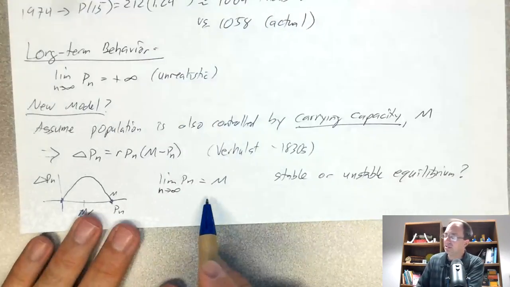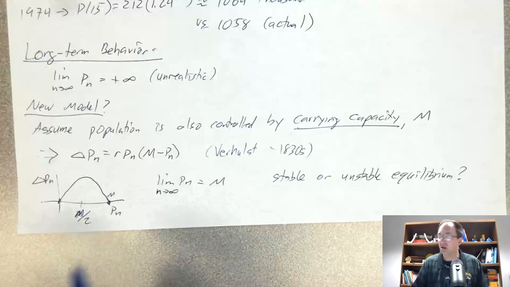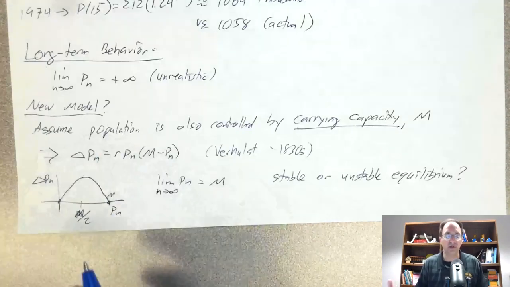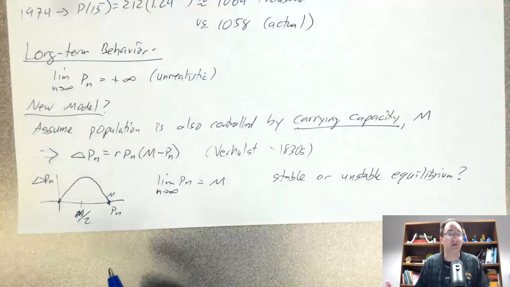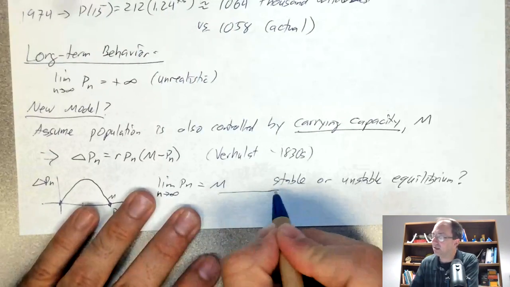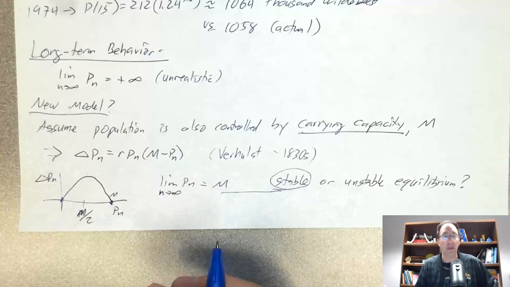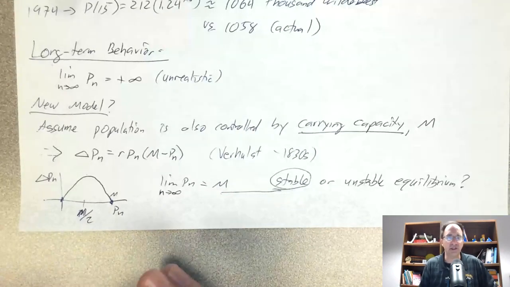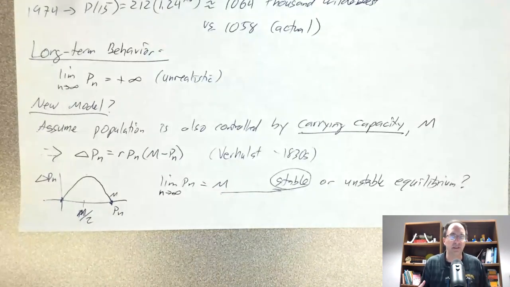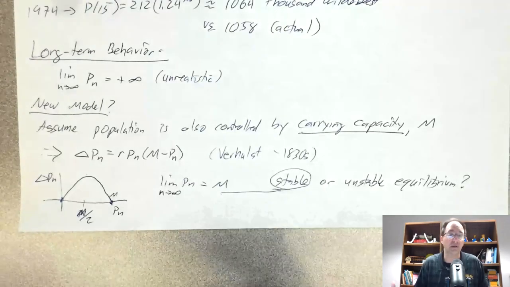All right, and so notice that M is an equilibrium because as I get closer to M, this model is going to predict that the population will just continue to stay close to the carrying capacity. And it turns out in this case, this is a stable equilibrium because even if my population changed a little bit, let's say I dumped some more wildebeest in or I took a few out, it's still going to stay around M wildebeest if the model is true.